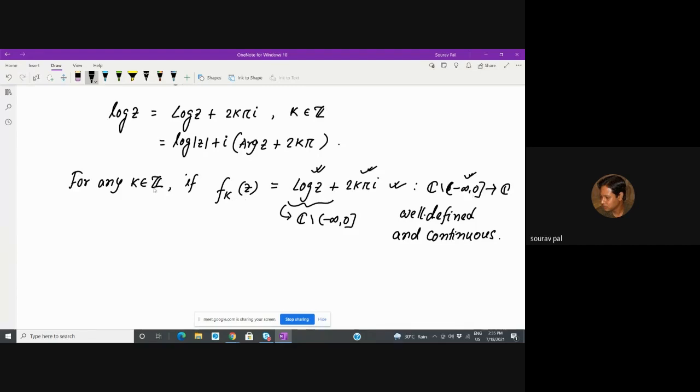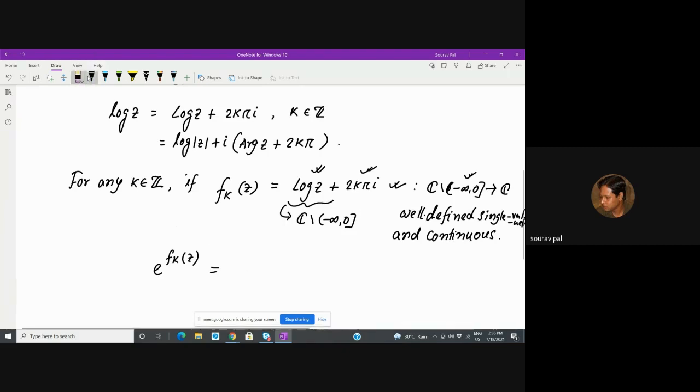So for each k belonging to Z, this f_k of z, if you define it this way, is a well-defined single-valued function, and this is continuous. So it satisfies the first criterion. I am going to show that this is also a branch of logarithm. It is well-defined and continuous on this region, and e to the f_k z is also z, right?